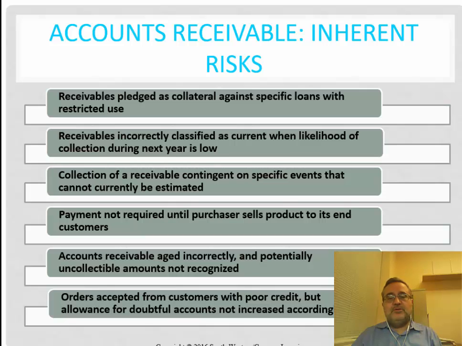Well, this is clearly going to ultimately affect the organization, and as we're looking at this, we absolutely need to understand how this is going to affect our allowance for doubtful account.